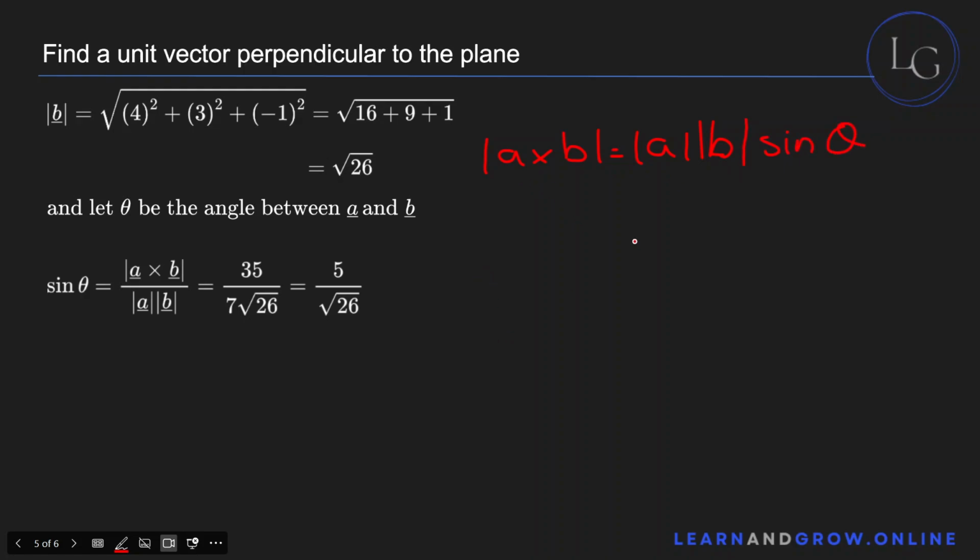In case of the dot product, it was cos theta, but in this case it's sine theta. And we already found out the magnitude of a cross b, the magnitude of a, and the magnitude of b. Just divide them, and this is what you get. So the sine theta is equal to 5 over square root 26.